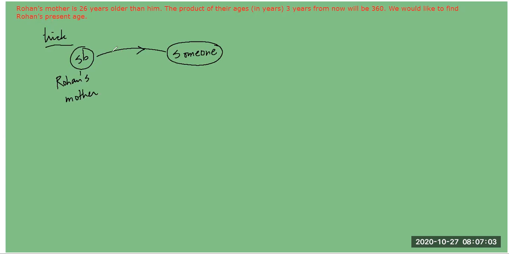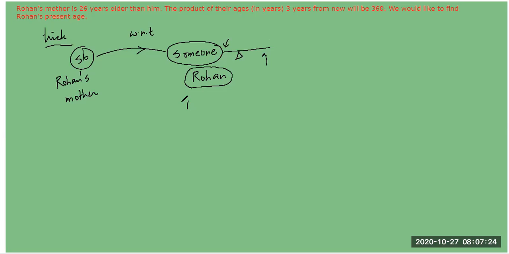Rohan's mother is being compared with respect to Rohan. So I will always imagine the Rohan's age as the fulcrum. This will be my fulcrum. On this, my seesaw would go up and down. So the main center point is Rohan.